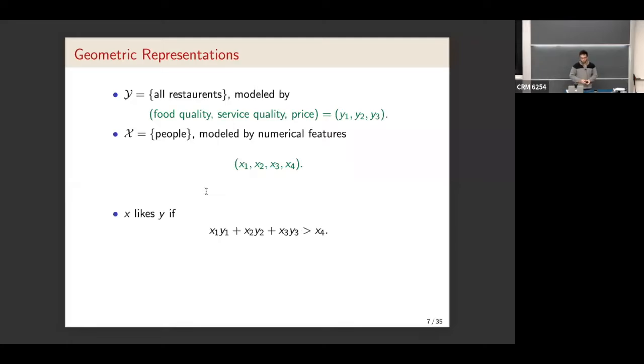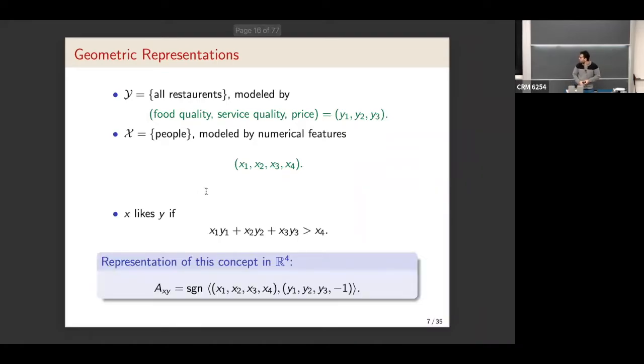Okay, so that's some form of representing this problem geometrically. Now, this is really representing these things as vectors in R4, right? So every person is represented by these 4 numbers, x1 to x4, so it's a 4-dimensional vector. And every restaurant, we represent it with y1, y2, y3, and -1.